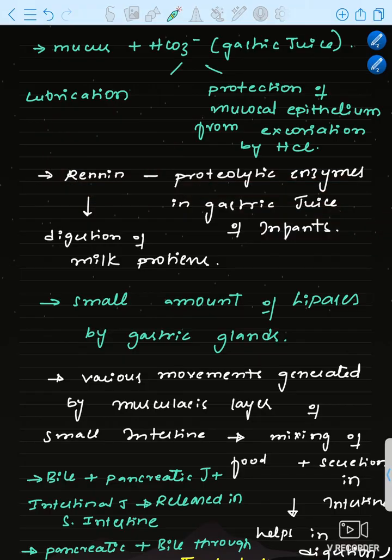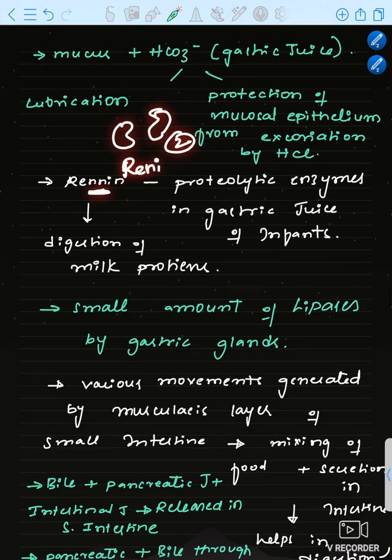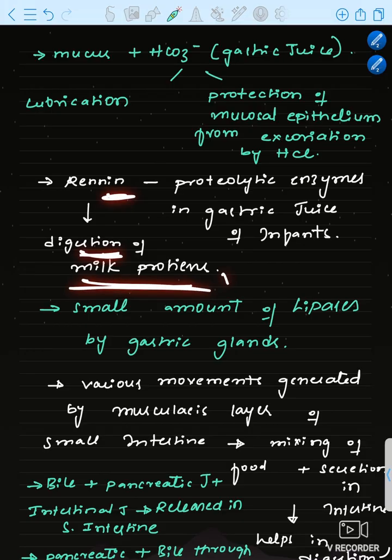That's why, opposite to that, two N's will be there. Whereas the kidney is two organs, right? So in the kidney it will be only one N, renin. Just remember the opposite thing. Rennin is used in digestion of milk proteins in infants, remember.